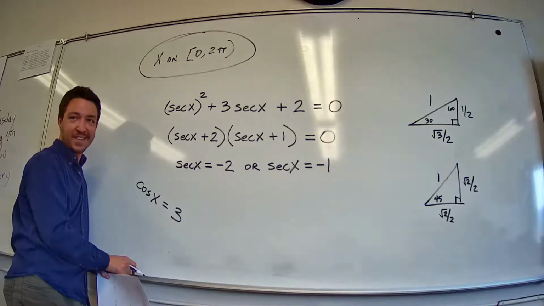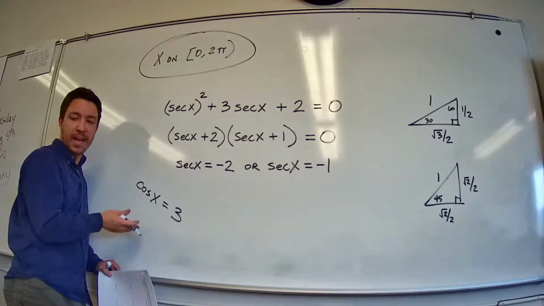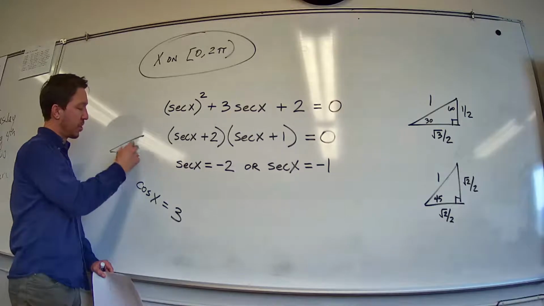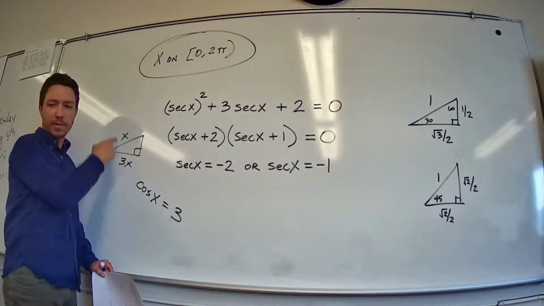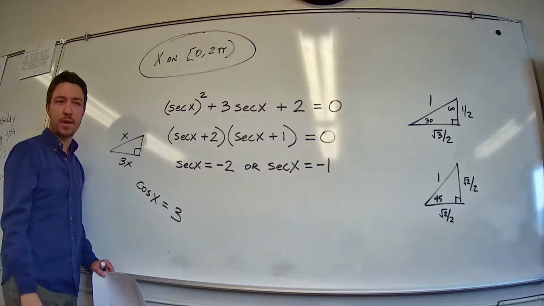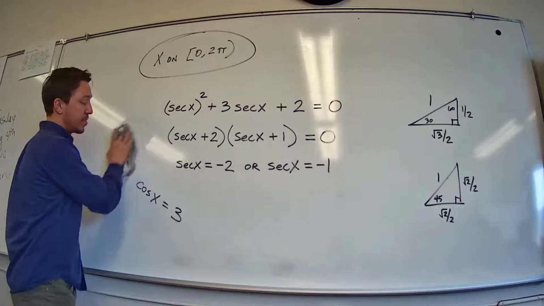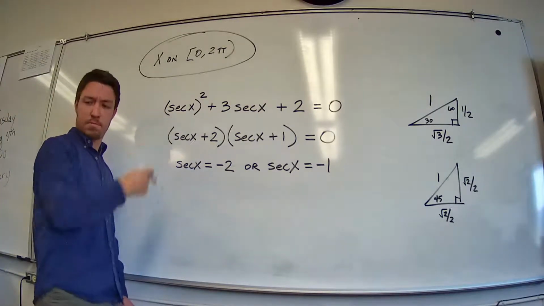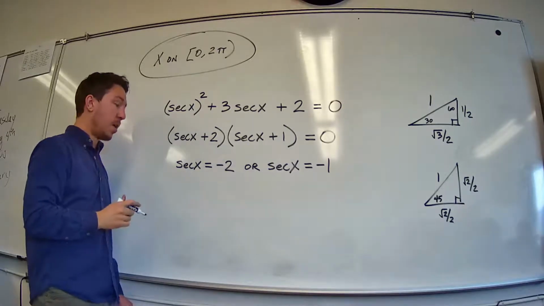There's no angle; you can't have a cosine of 3. Look at your SOHCAHTOA. How could your adjacent side be 3 times bigger than your hypotenuse? It makes no sense. So the biggest that cosine can be is 1. I'm just throwing that out there, guys. You might encounter a couple where you factored and one doesn't seem possible. That can happen.